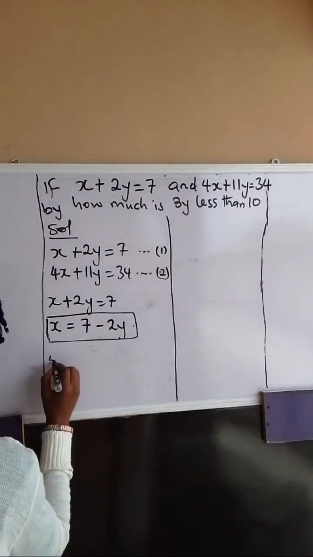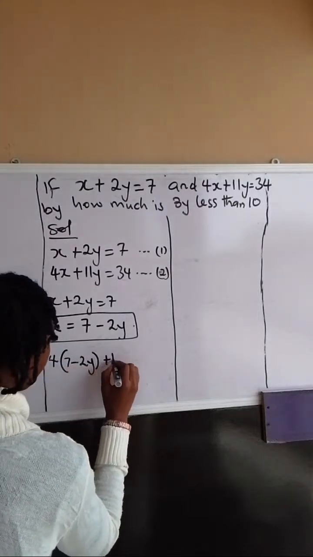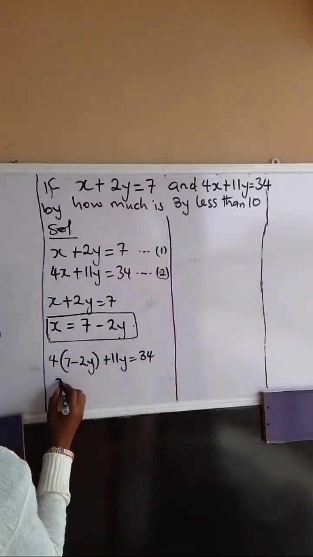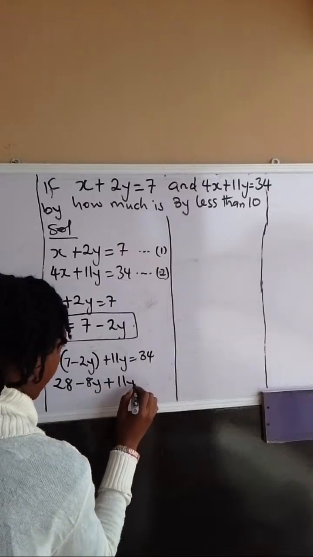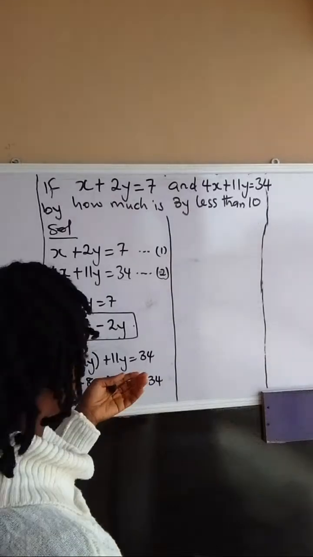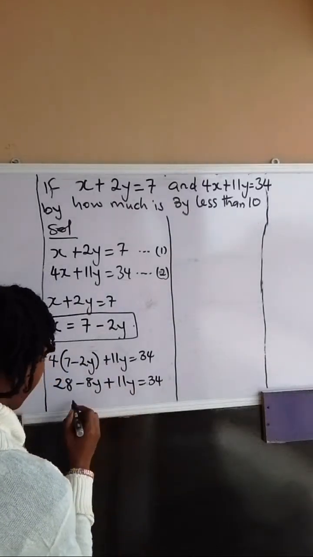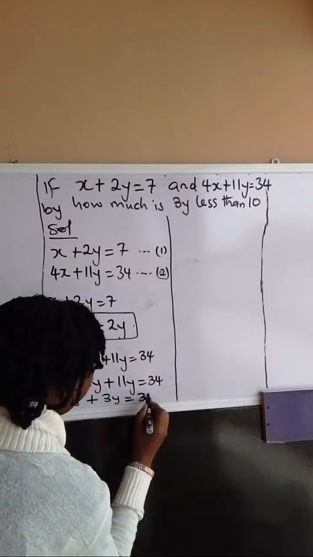So in bracket 7 minus 2y, plus 11y equals 34. So we open it up, we have 28 minus 8y plus 11y equals 34. Now, we minus 8 plus 11, that will give us plus 3y equals 34.